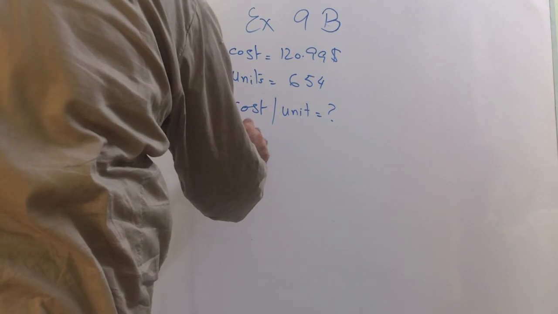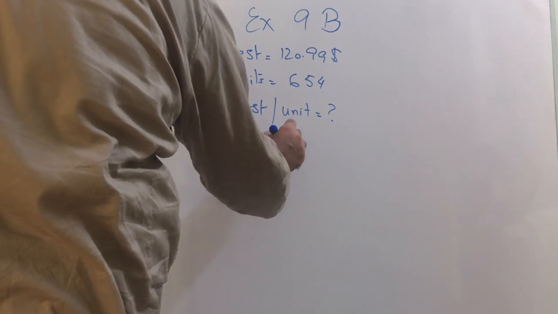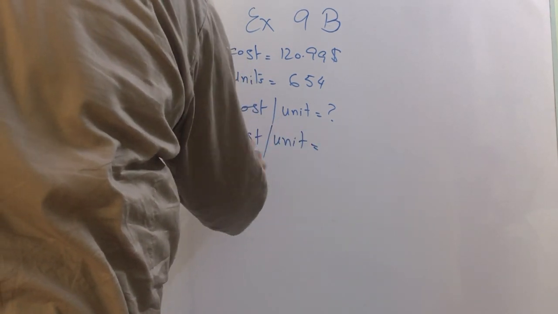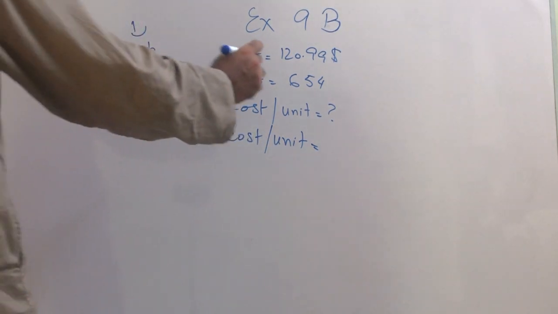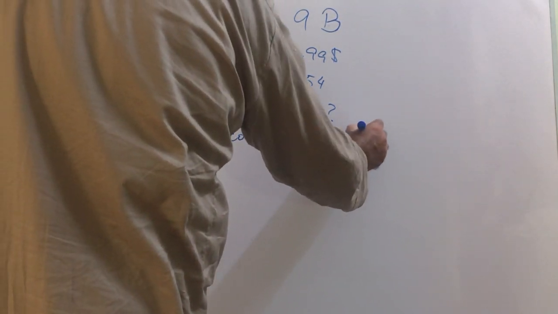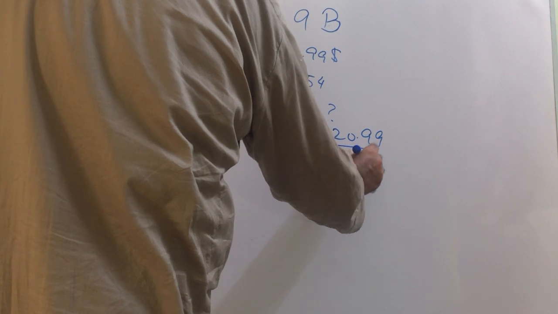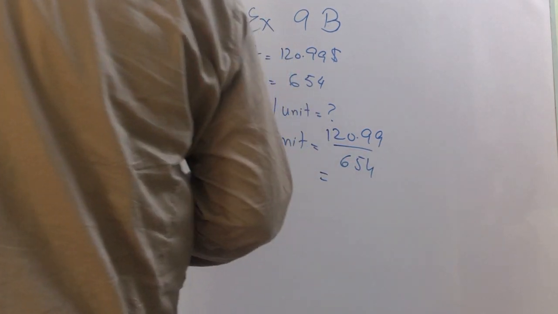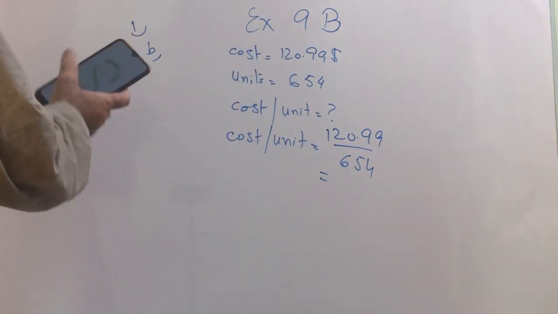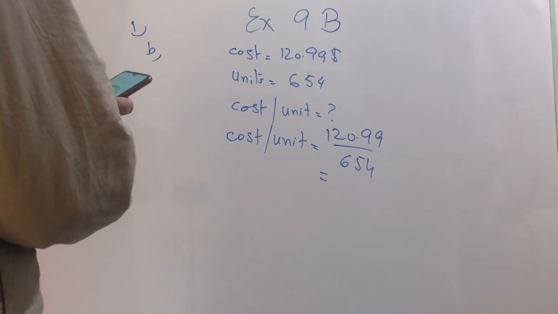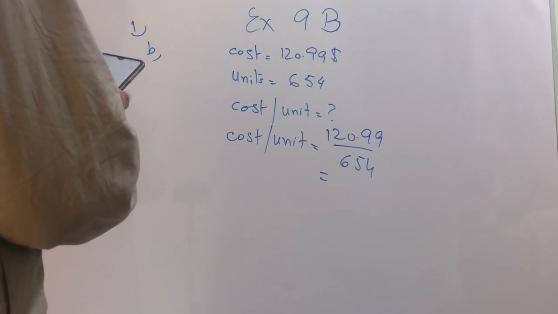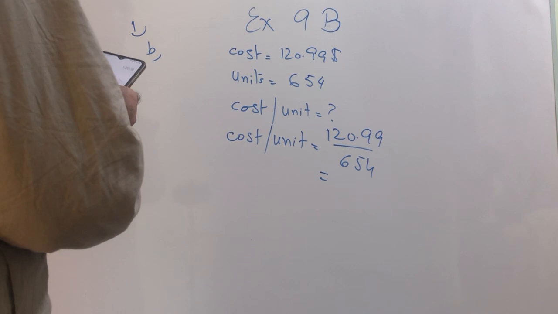Simply, cost per unit means cost divided by unit. So cost is 120.99, units are 654. So we will be doing this calculation using a calculator.